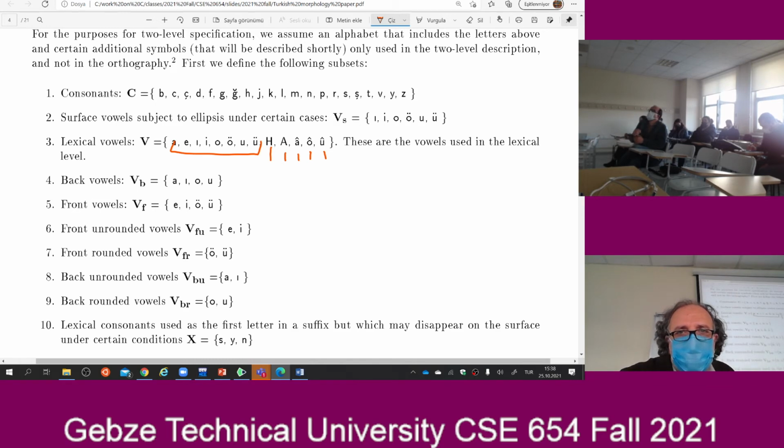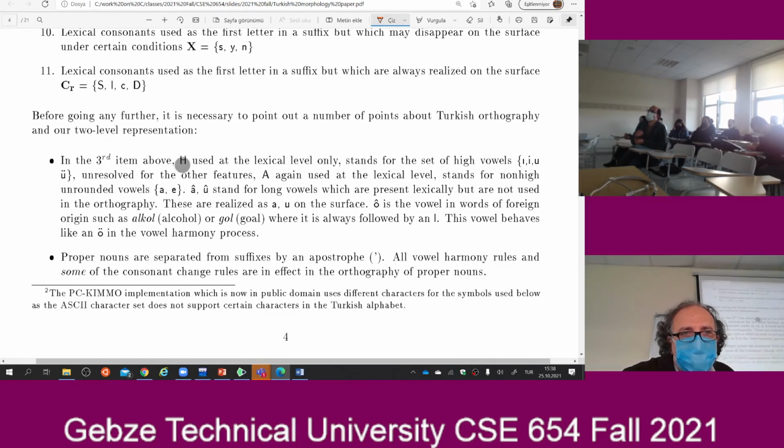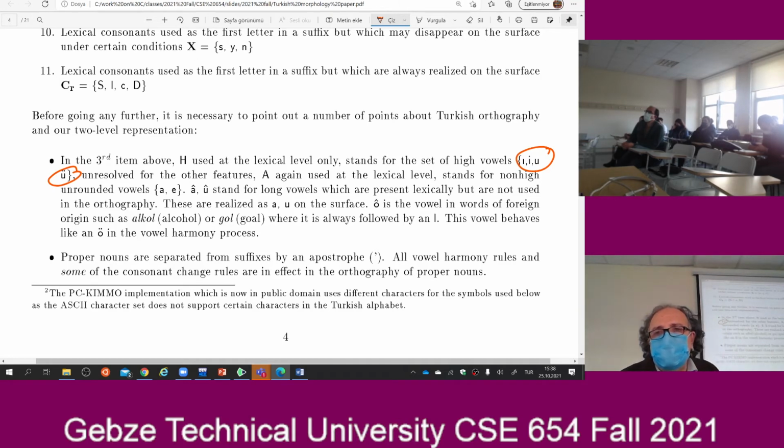For example, this H is at the lexical level only. It stands for the set of high vowels, so these four: I, İ, U, Ü. Okay, these are high vowels.